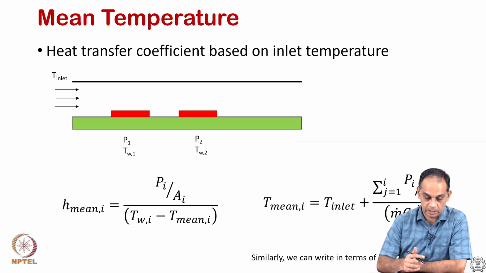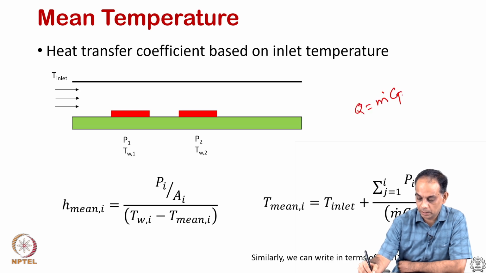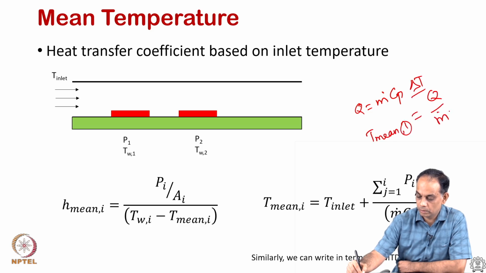Then we go to the next definition, which is based on bulk mean temperature. So, we use m. How do I get bulk mean temperature? Q equal to m dot Cp times temperature difference. If I know my inlet temperature, I can find the mean temperature of the heat source 1 equal to Q divided by m dot Cp, plus T inlet.